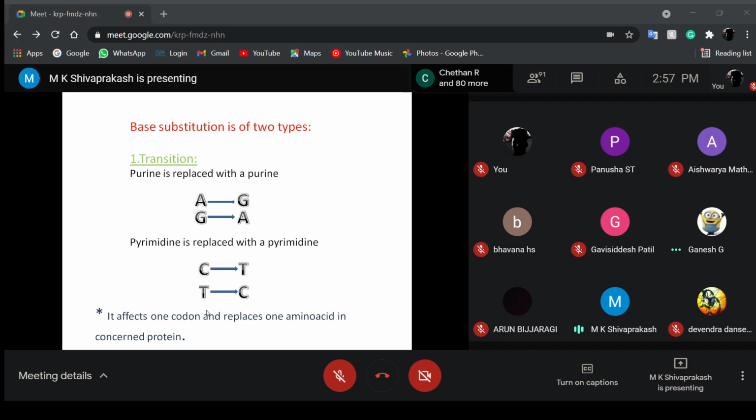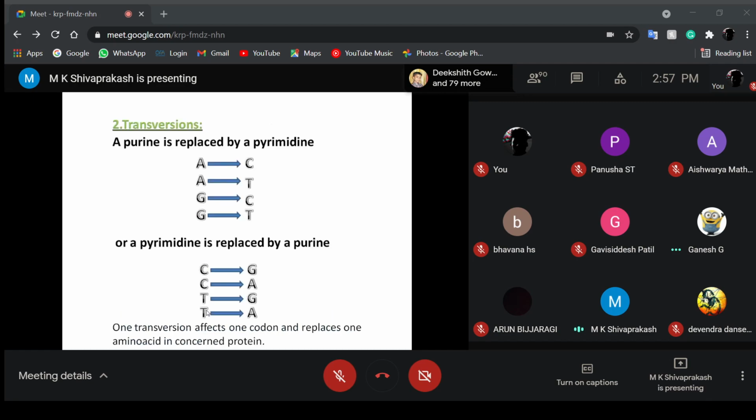Transition: a purine is replaced with a purine, or a pyrimidine is replaced with a pyrimidine. It affects one codon and replaces one amino acid in the concerned protein.